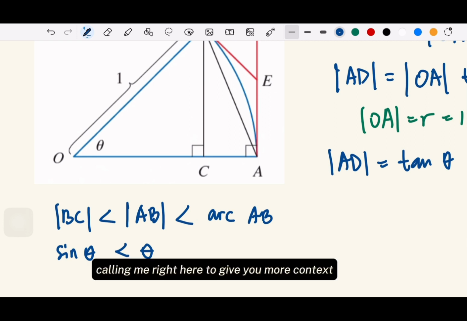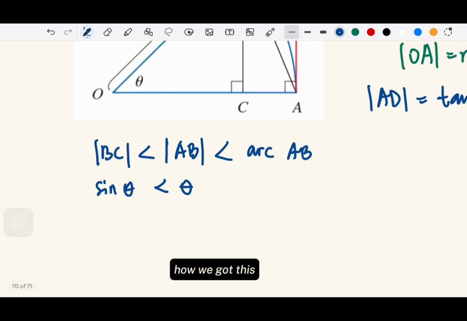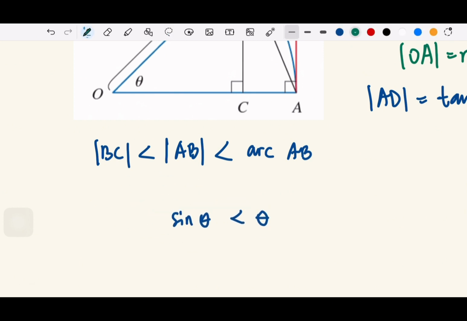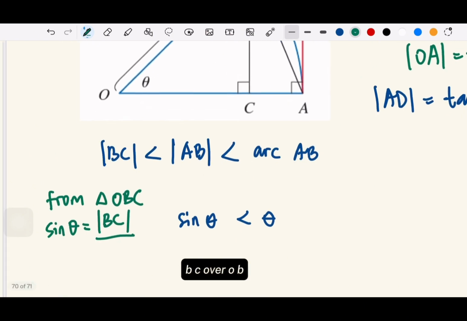Let me write, to give you more context on how we got this: from triangle OBC, the sine theta is BC over OB.